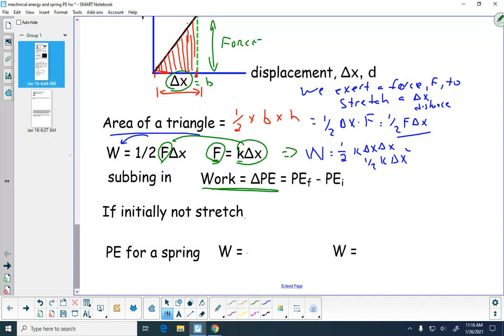Work is also defined to us as a change in potential energy, which is potential energy initial minus potential energy final. Well, if I'm not stretching the spring at all, how much potential energy does the spring have? 0. Okay? So initially we have no stretch of the spring, so we have 0 potential energy.